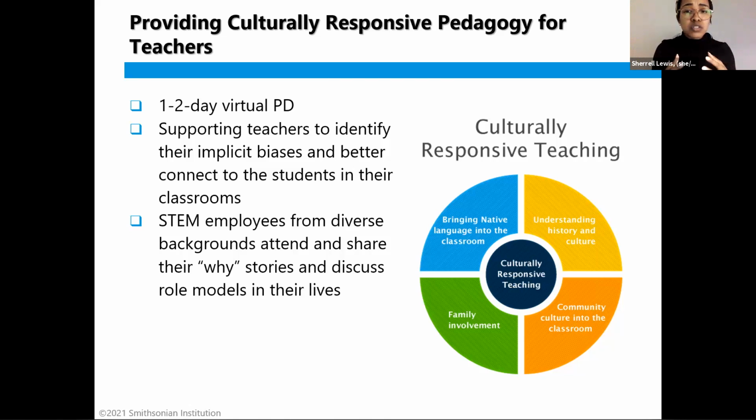But really just to make sure that they feel like what they bring to the table is validated, their prior knowledge, their understanding, it's validated in the classroom and it feels relevant to their lives.